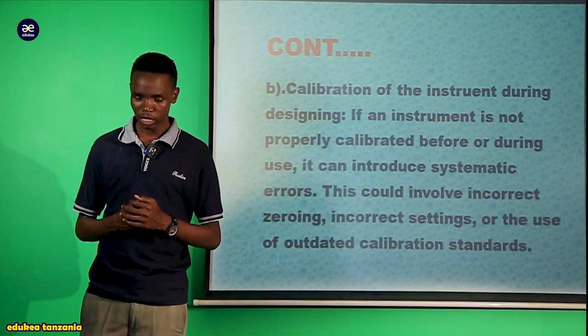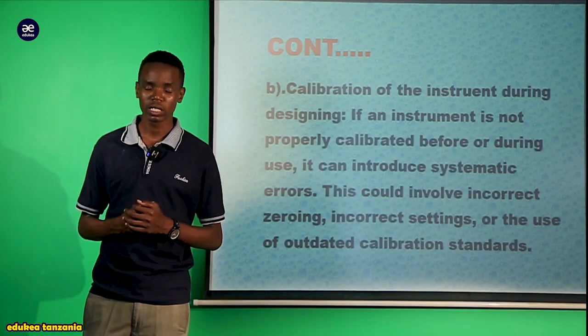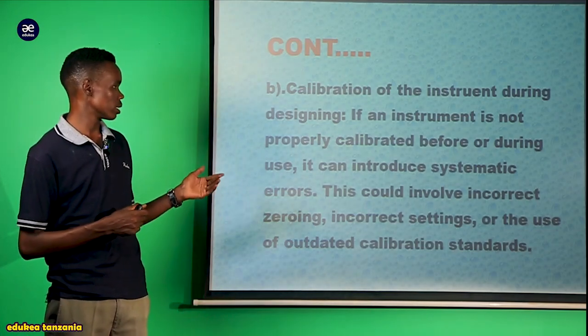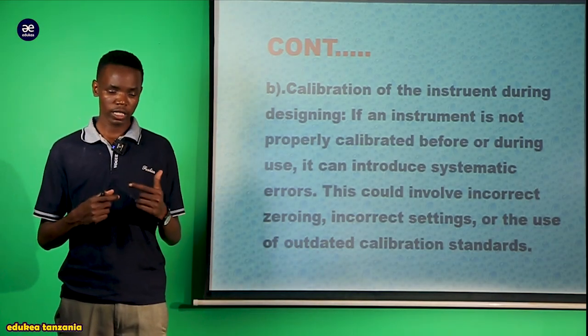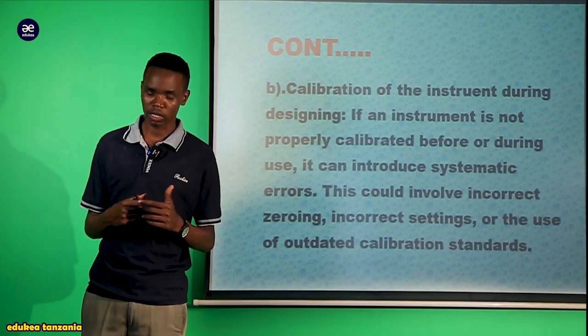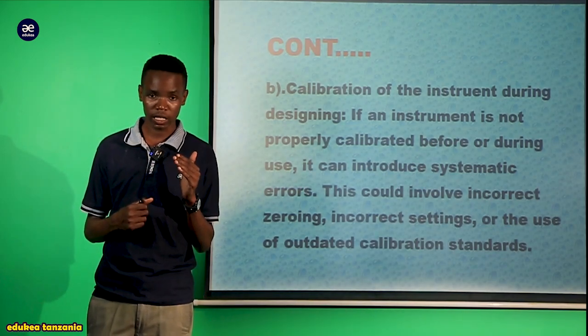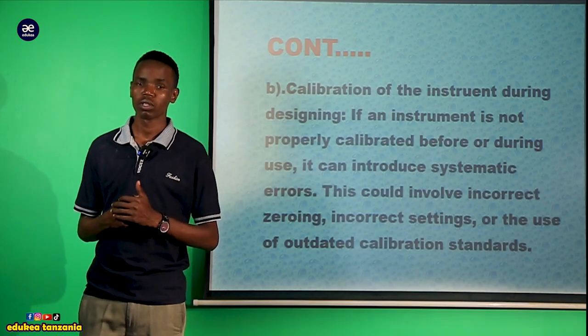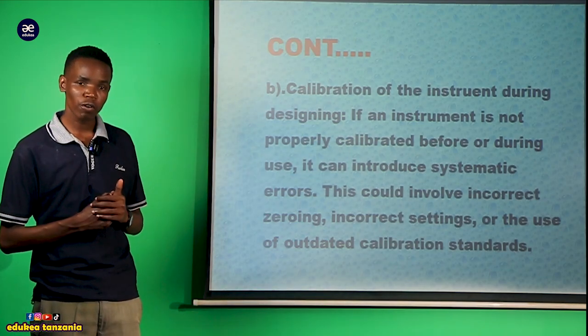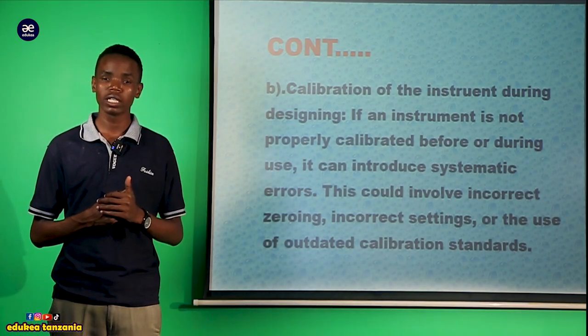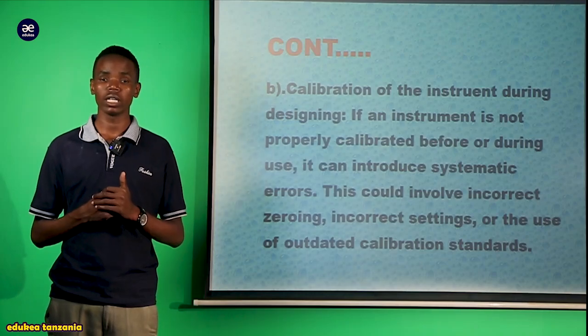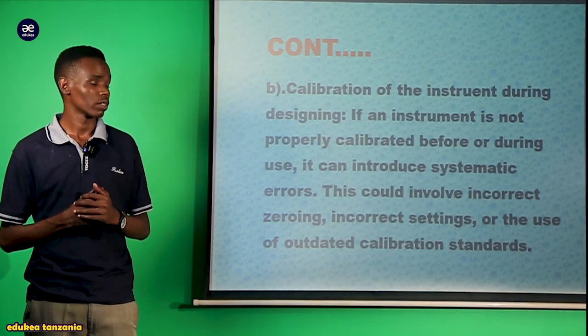The calibration of the instrument during the designing. When we design those instruments, if we are not careful during the design of the instrument, it will cause us to obtain the wrong value during the measurements.